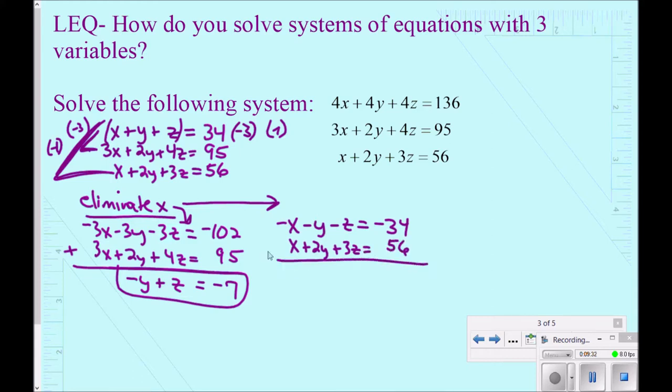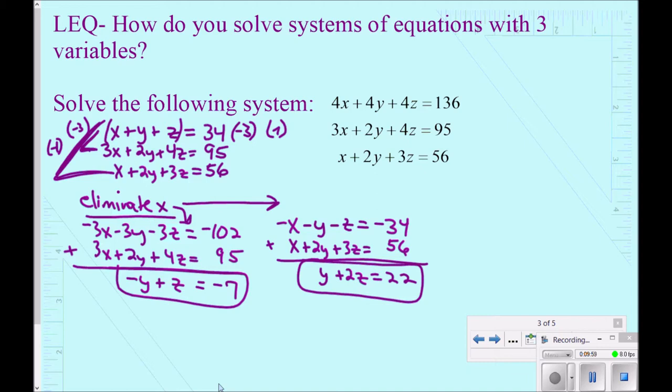And now that I have the same coefficient with opposite signs, I can eliminate the x's. 2y minus y is 1y. 3z minus 1z is positive 2z. And 56 minus 34 gives me 22. Okay, that I'm also going to use again, so I'll keep track of that. I don't want to lose it.